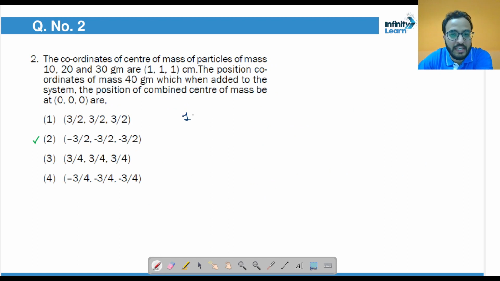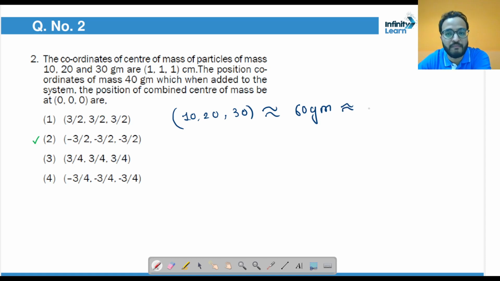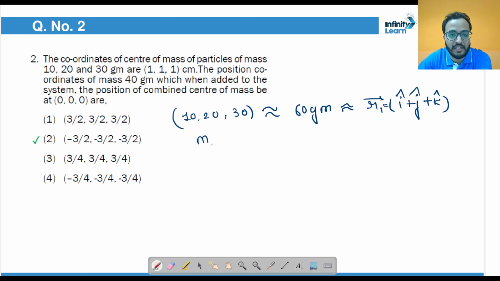Okay, second is the coordinates of the center of mass of the particles. So 10 grams, 20 grams and 30 grams will together become a mass of 60 grams whose center of mass is located at vector r1, which is equal to i cap plus j cap plus k cap, right? And another mass m2 is 40 grams, whose position vector is r2, we don't know.